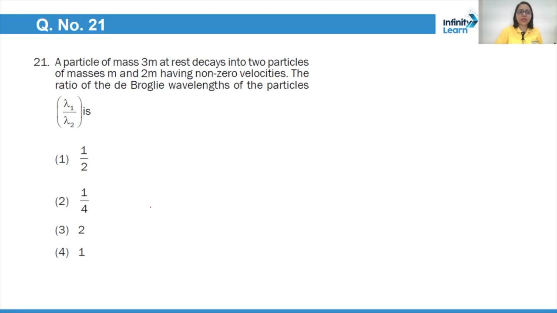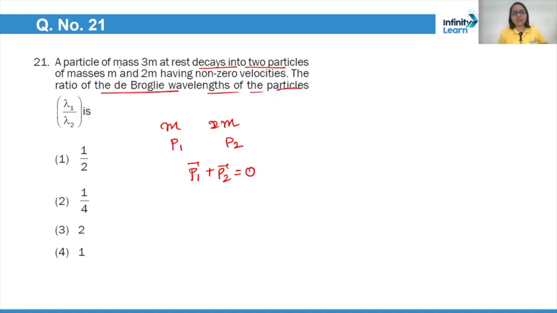Next is question number 21. A particle of mass 3m at rest decays into two particles of masses m and 2m having non-zero velocities. The ratio of the de Broglie wavelengths of the particles is. So let's say the momentum of the first is p1 and the momentum of the second is p2. By conservation of momentum, p1 vector plus p2 vector should be 0 because the initial momentum of the particle is 0.